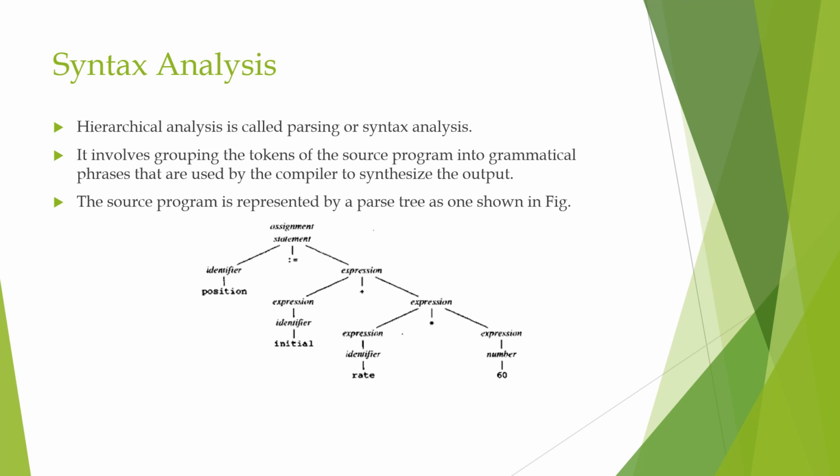Then comes star, that splits into rate and number. So that equation we have seen, position is equal to initial plus rate star 60. That expression is totally converted into the parse tree. That is the image representation of this which is present in this slide.